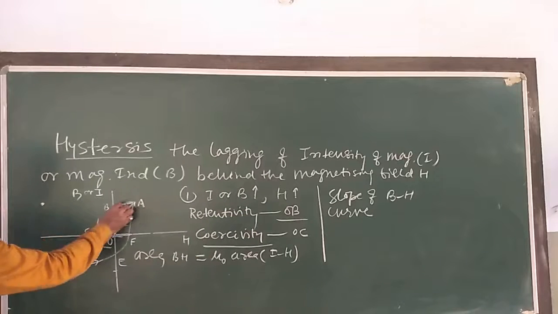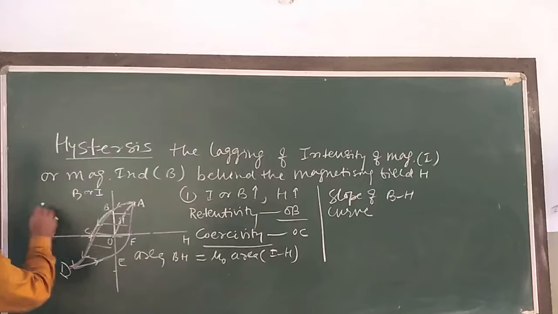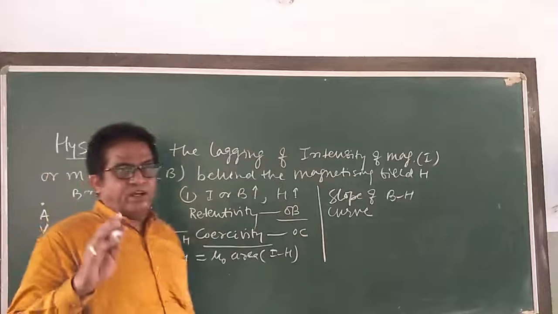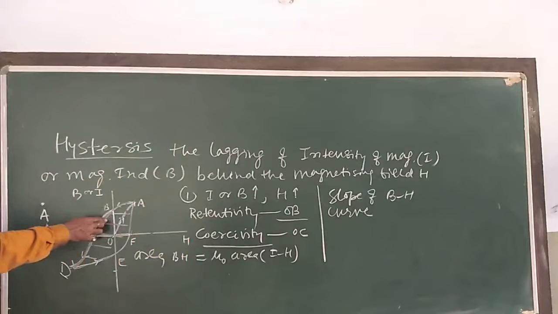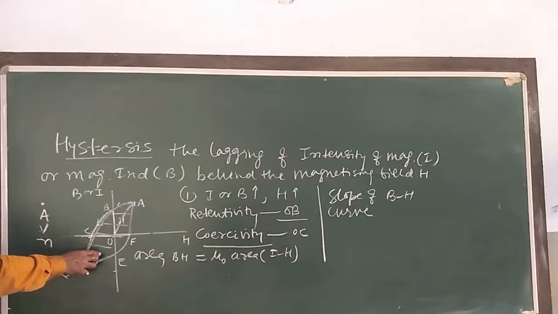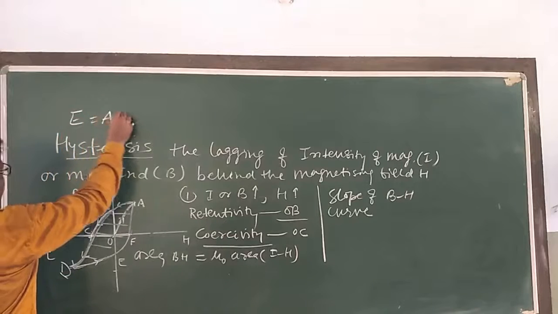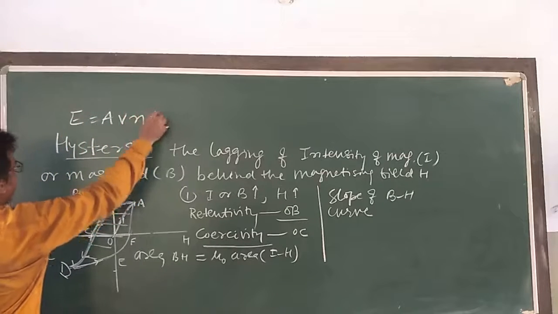If the area of the whole hysteresis loop is A, V is the volume of the material, N is the frequency, then the energy lost in magnetizing and demagnetizing the specimen for a time t is E equals A V N t.